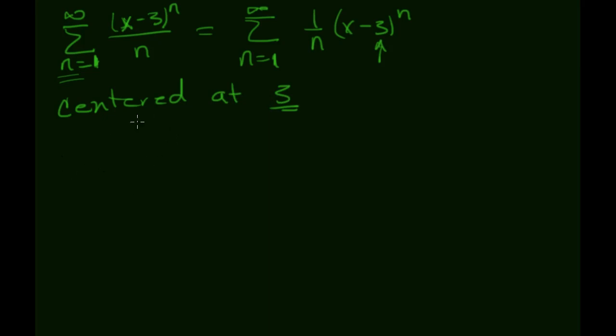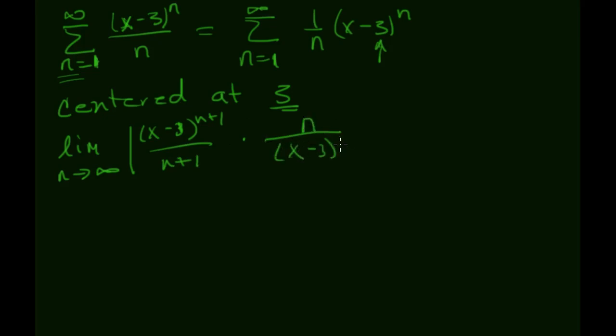So we want to find the radius of convergence. Let's play with the ratio test here. I take the limit as n approaches infinity of the absolute value of (x minus 3) to the n plus 1 over n plus 1, and then we multiply by its reciprocal at n, so that's n times (x minus 3) to the nth power. We do a little bit of manipulation here.